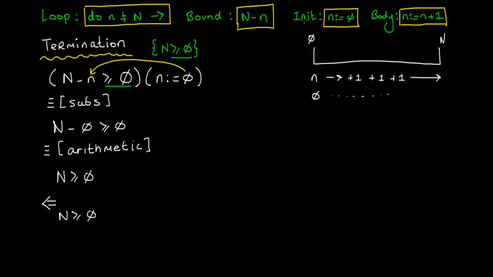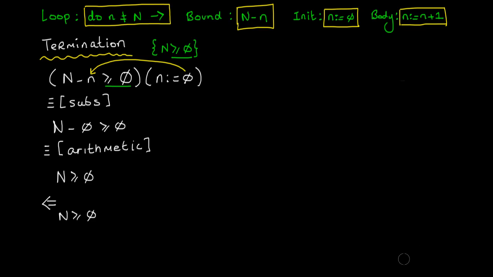The next part that we need to do, and I'll just have to rub out some of my diagram here. The next bit that we need to do is show that it's a decreasing function. So in order to do that, again we take our bound function, which is N minus small n, and we need to look at what happens to n in the loop body.